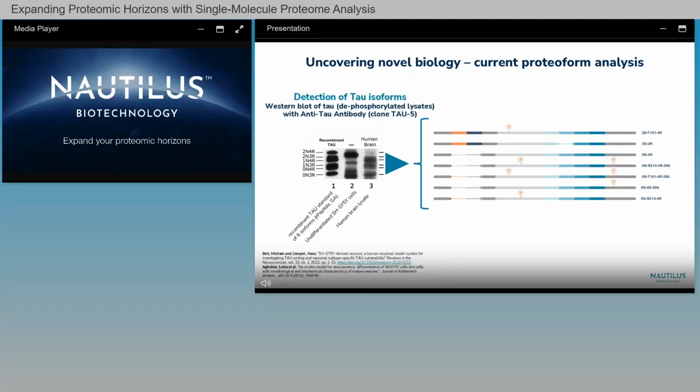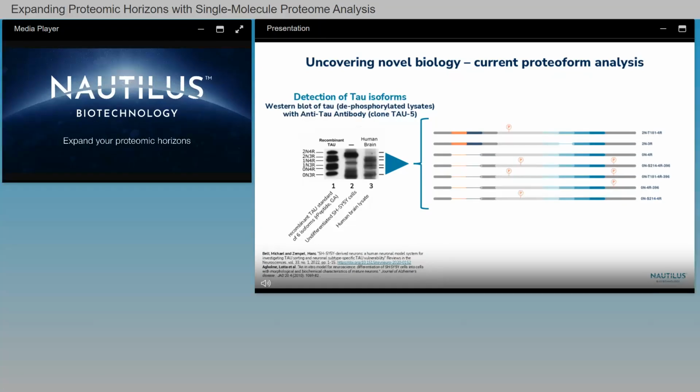Unfortunately, these two species, for instance, that are both doubly phosphorylated but in different locations, they have the same mass. All of these here likely run at approximately the same location on the gel and are indistinguishable. And so, again, we're losing detail, we're losing resolution, and really unable to dig into the biology.